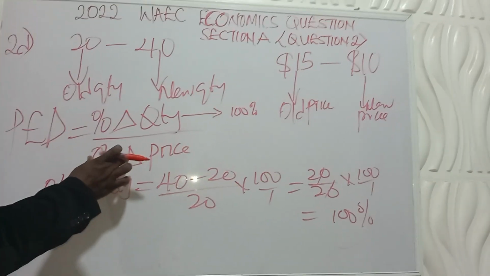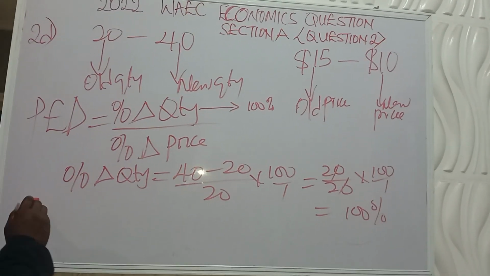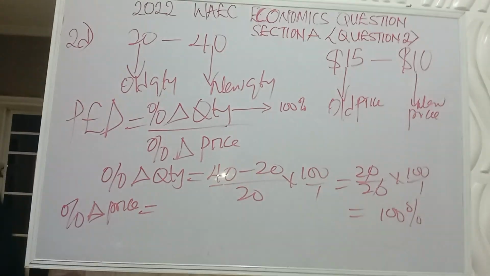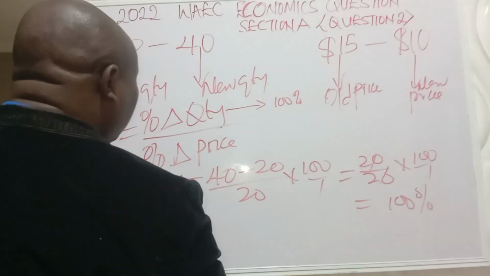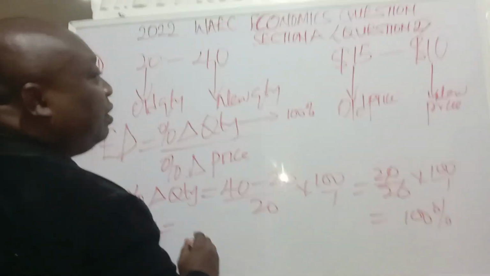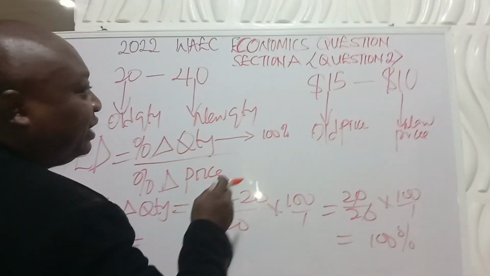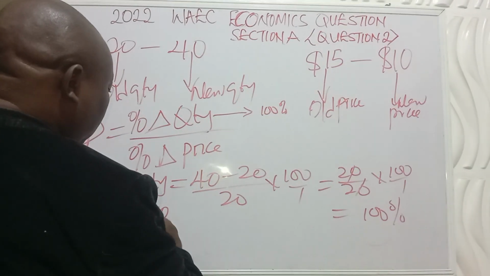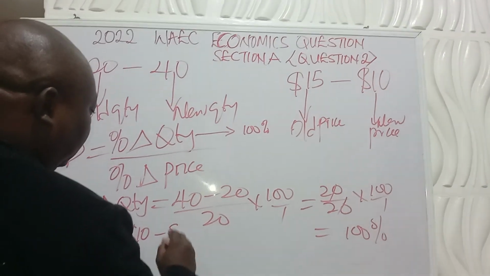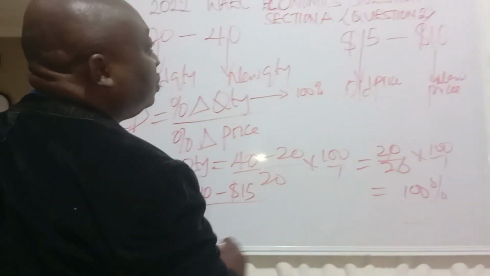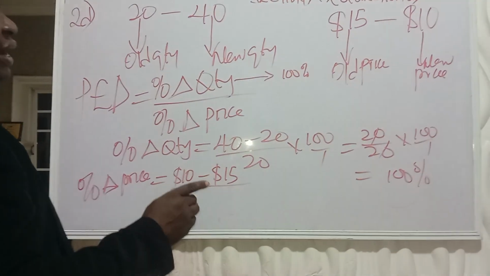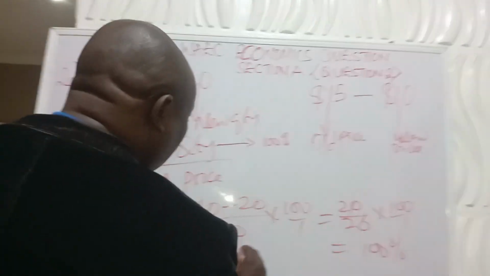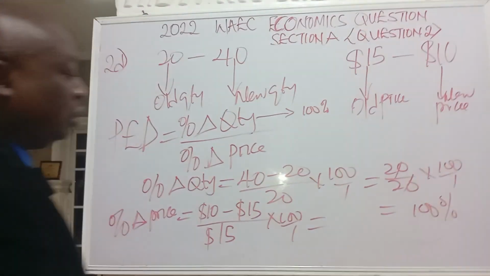We want to get the lower one, which is percentage change in price. Percentage change in price is new price minus old price divided by old price. New price is 10. Old price is 15. New price minus old price divided by old price, 15, times 100 over 1.